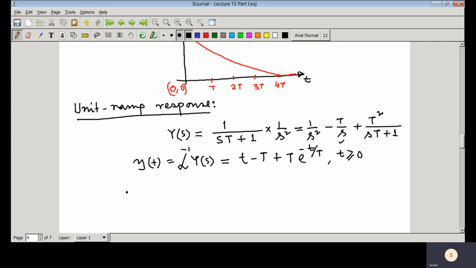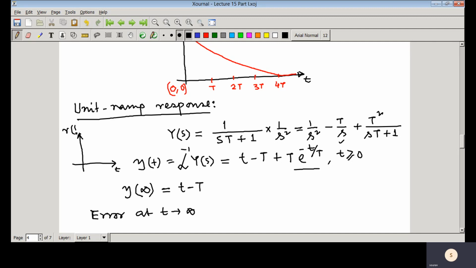So here we can see what is y infinity, that means when t tends to infinity. Basically this exponential term would be equal to 0, and we will get t minus capital T. So what is the error at t tends to infinity, because we have applied a ramp input? Ramp input means this is time, and this is the input, say r(t).